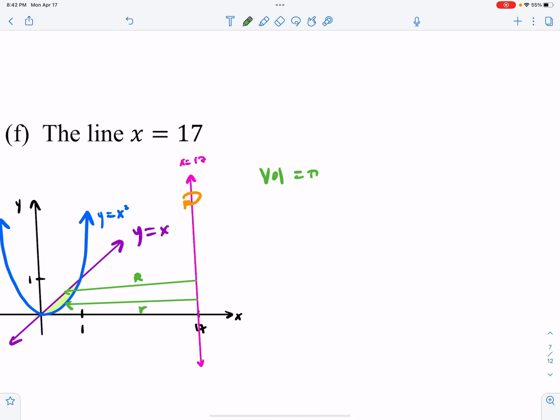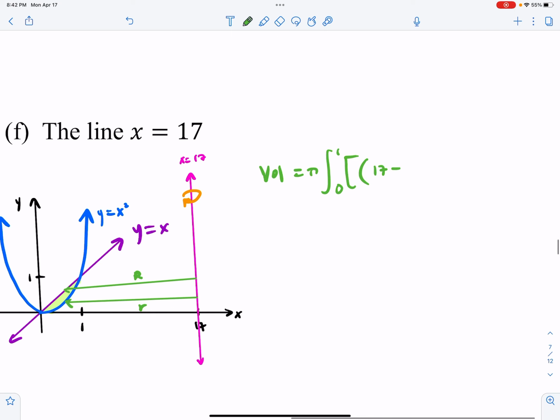So volume will be pi times the integral from 0 to 1 of big R, which will be right minus left, 17 minus, don't forget x is equal to root y.